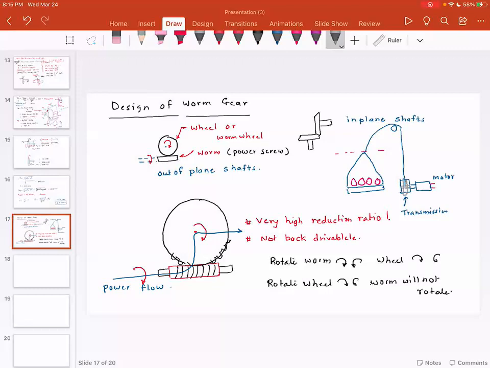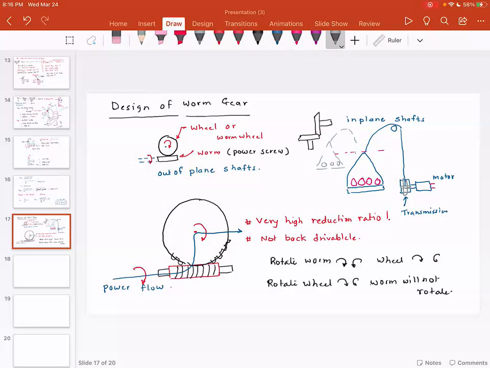So if you raise the load and all of a sudden the power goes out, the load will be locked. It will not drop on its own. Unless you rotate the motor shaft by some means, you cannot raise or lower the load. So that is the importance of worm wheel drive.